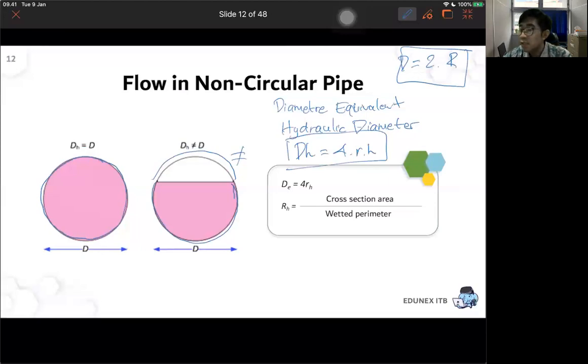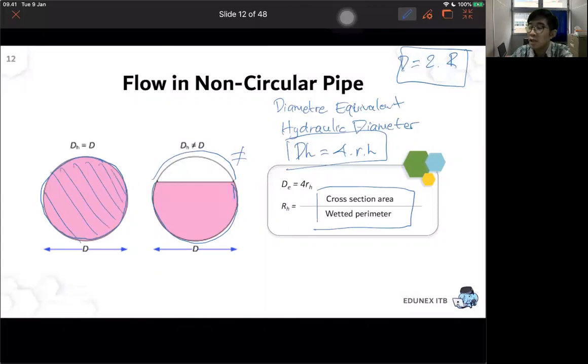And the hydraulic radius is the cross-section area divided by the perimeter, or the wetted perimeter. So for the left figure, the area will be the whole circle's cross-sectional area, and the perimeter will be the circumference.